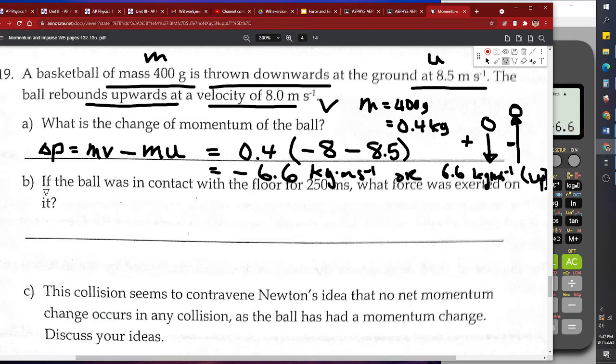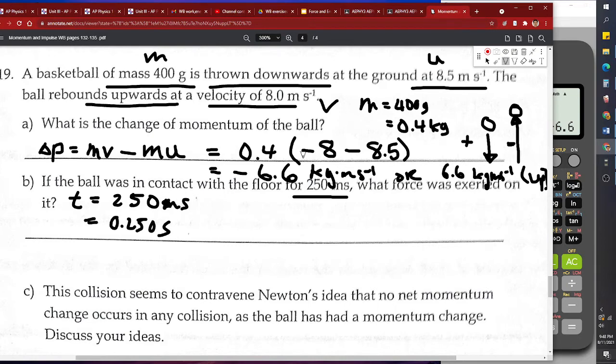What happens if the ball was in contact with the floor for 250 milliseconds? What was the force exerted on it? So for the ball, we have time equals 250 milliseconds, which we know is really 0.250 seconds.